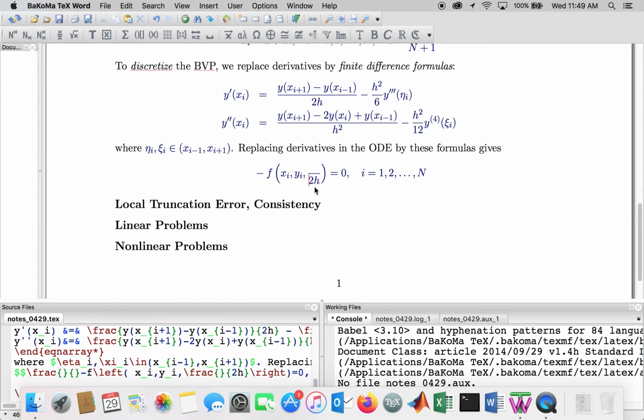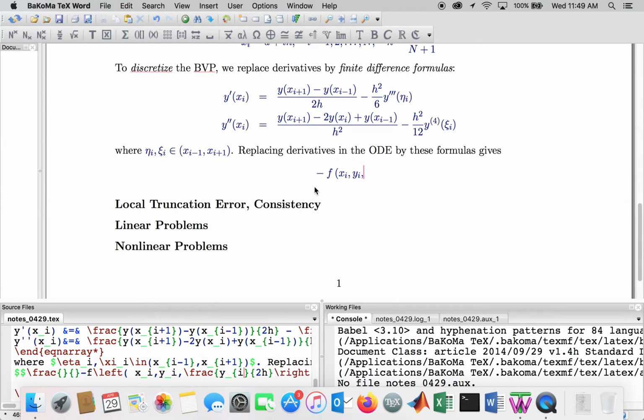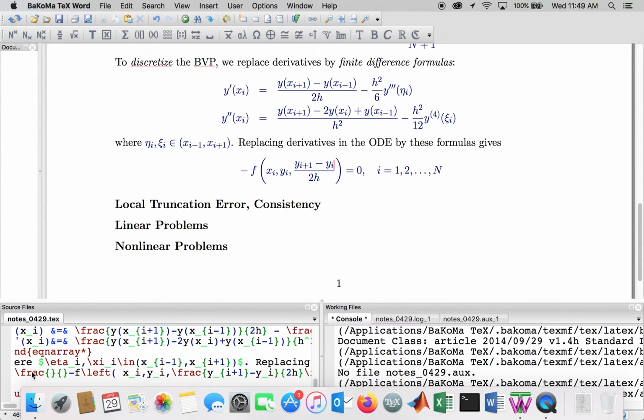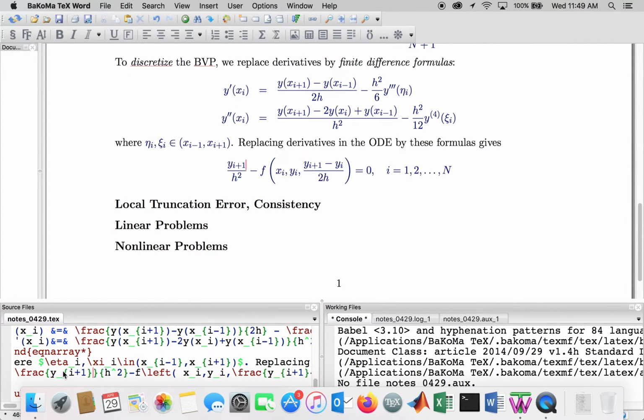That'll be the center difference, yi plus 1 minus yi. And over here on the left, I need my approximation of the second derivative, so I'll fill that in.